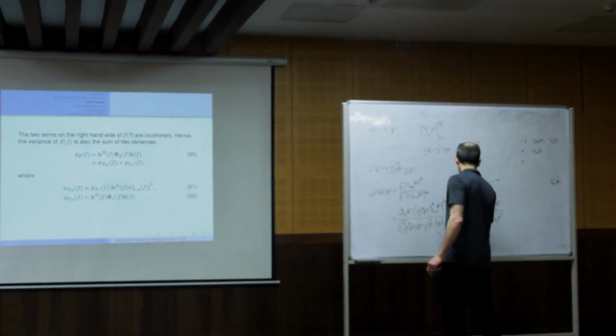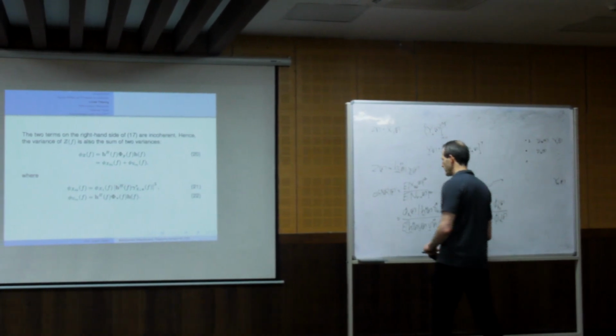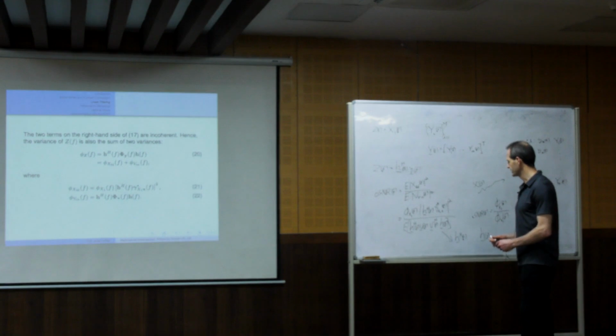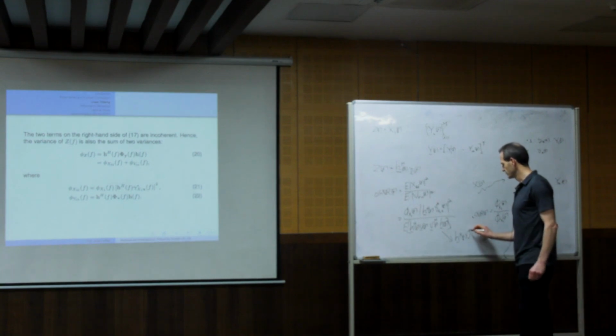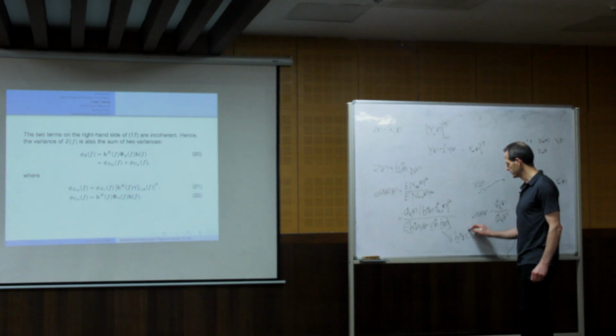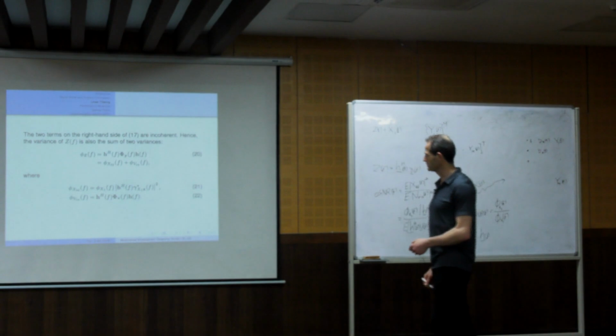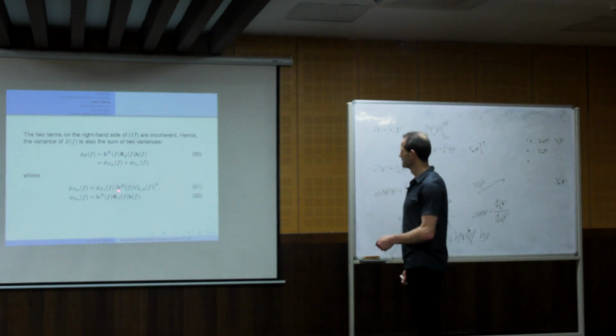The correlation matrix in the frequency domain, we call it phi, to make a distinction between time domain and frequency domain. So it's a matrix phi V F, okay? This is the correlation matrix, like this.